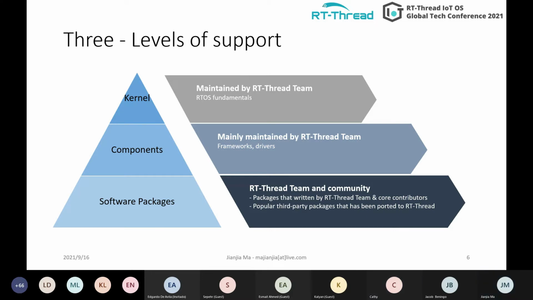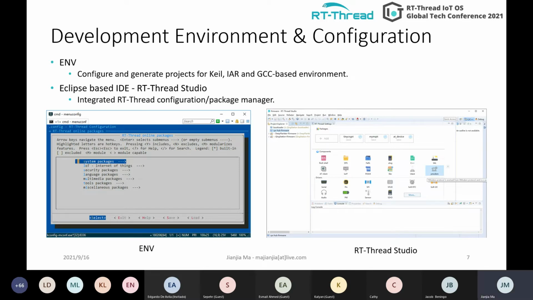And so with all the components and the package, we need to find a good way to configure them and to use them, right? RTThread provides great tools for env, which is an environment configuration for the RTOS, for the RTThread. It can configure and generate projects for Keil or IAR or other GCC-based environments.